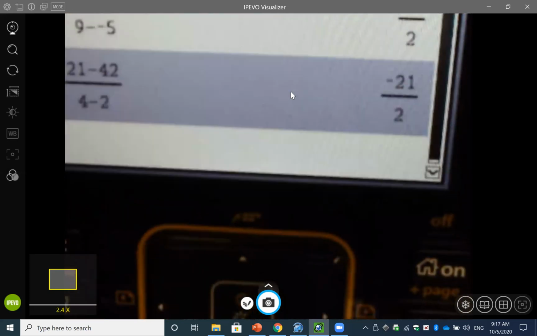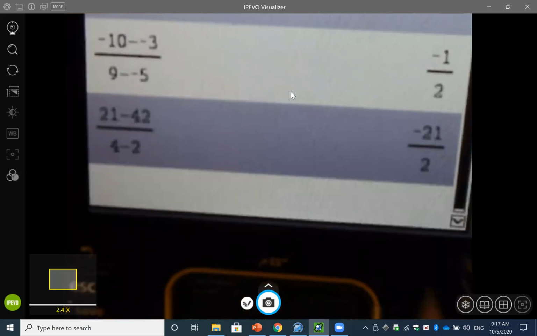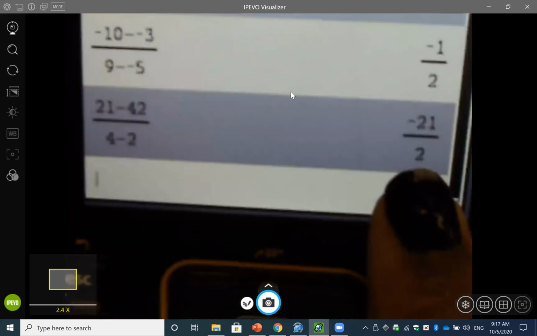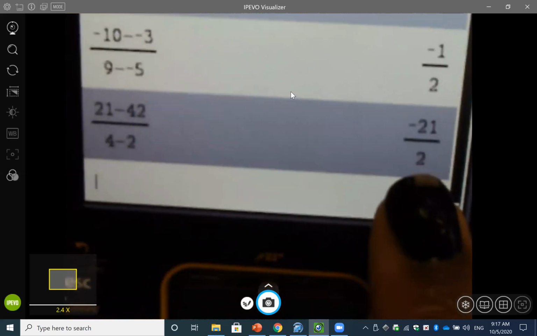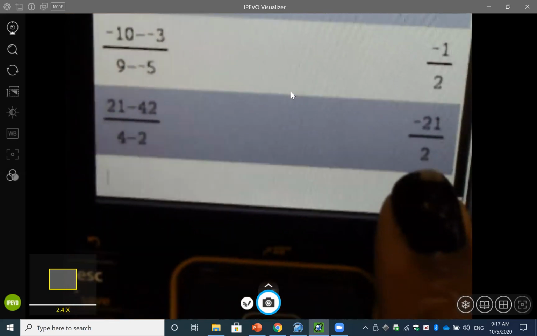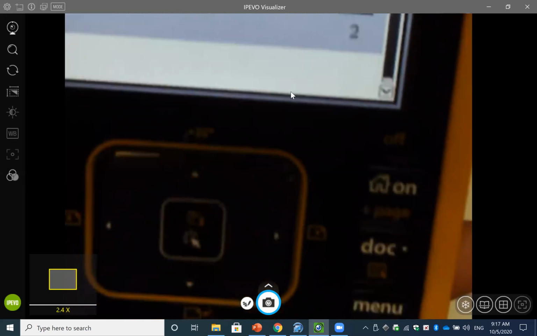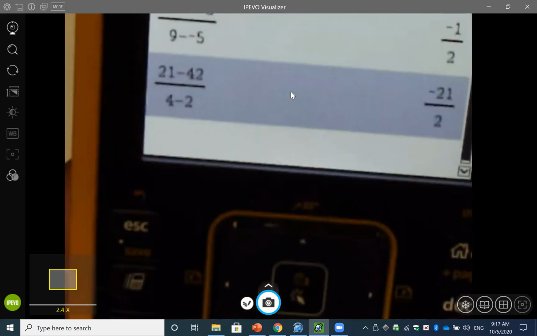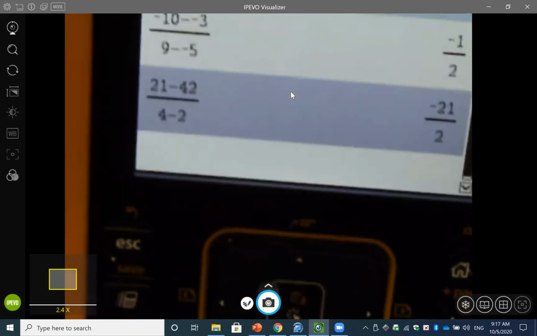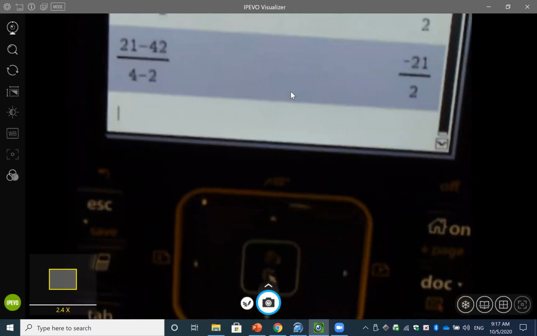Hit enter, and it tells you that the slope is negative, so you don't have to pay attention to which way your line is going, because it already tells you that it's negative, and you are going down 21 over 2. Most people would have counted 1, 2, 3, and then over 2 and messed that up, because it should have been counting by sevens. The calculator is going to tell you exactly what you need.